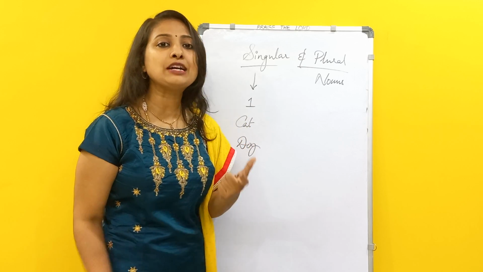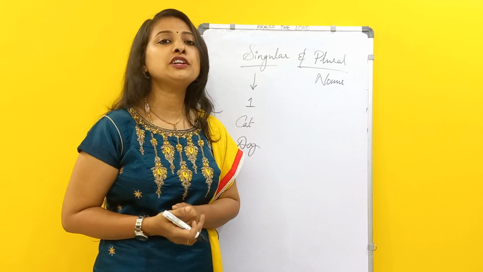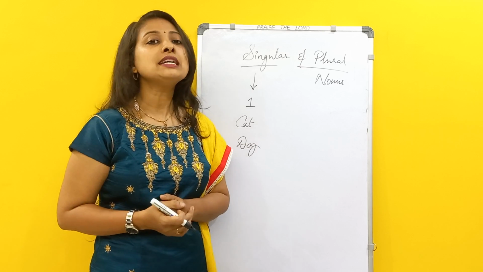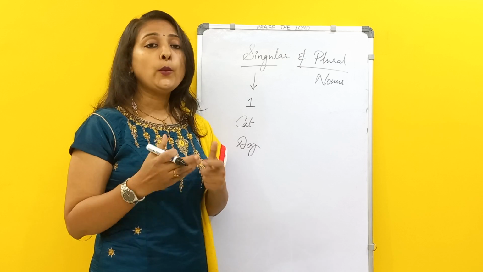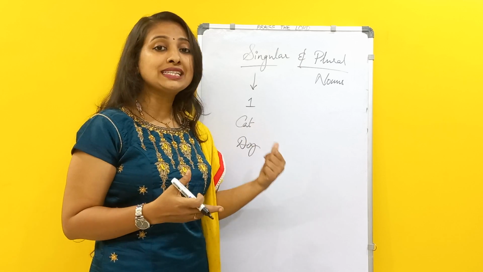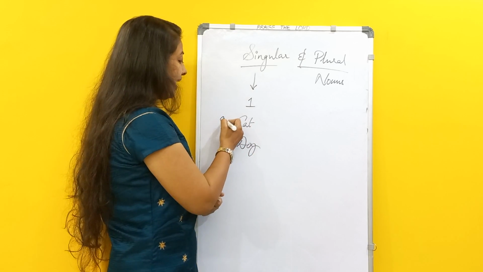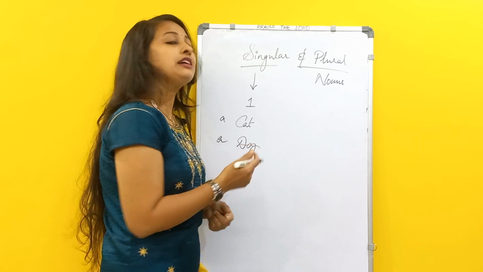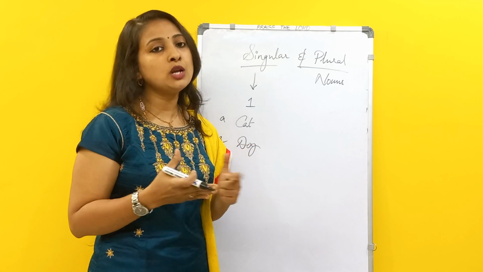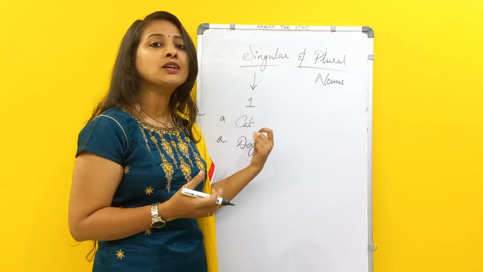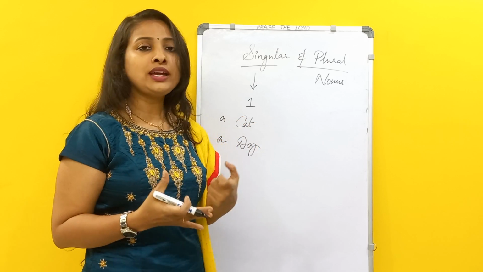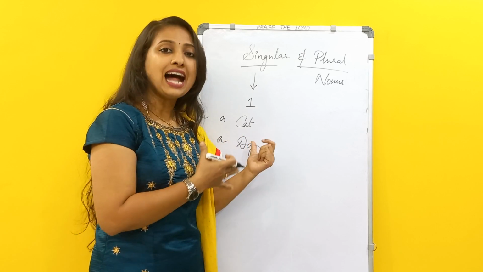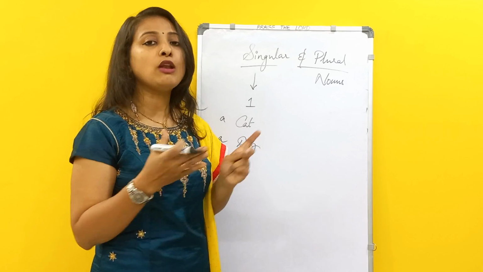While discussing articles, you can refer to the articles video if you want. In that also we came across this point: whenever we use articles with singular, we'll use either a or an depending upon whether it is a vowel or a consonant. Since here both are consonant sounds, we'll be using a cat, a dog.